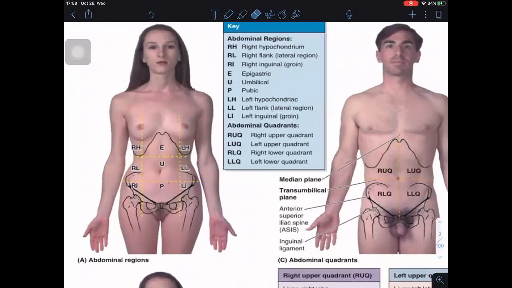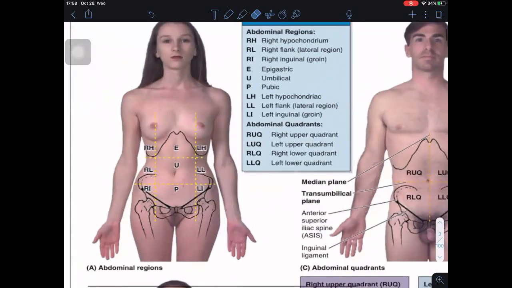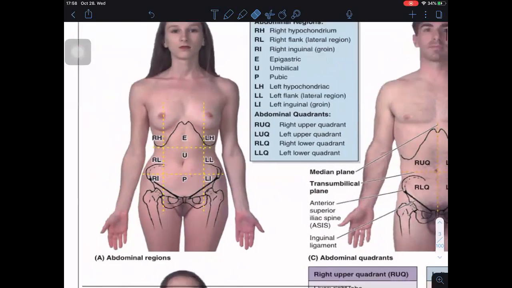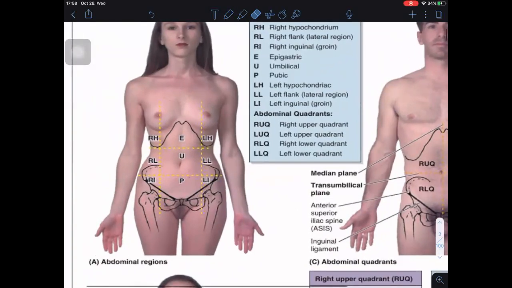Let's get started with the more detailed stuff over here. If you're looking at this model over here, we can find 4 different lines. Basically, you can use the 2 mid-clavicular lines, which are just running down, and these lines are going to be passing through the mid-inguinal points.